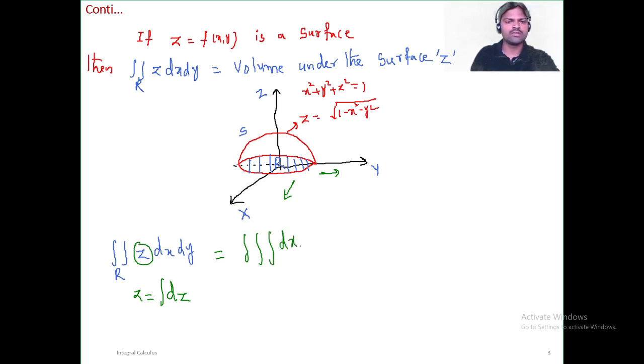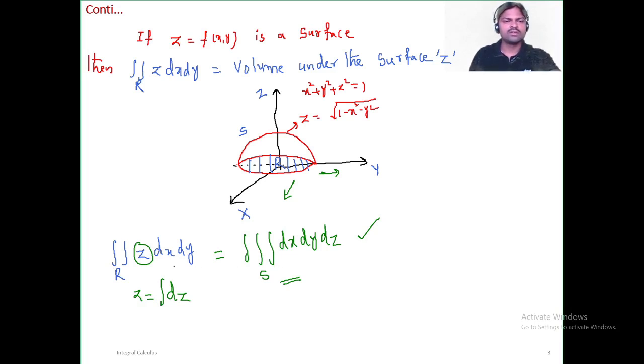Therefore one more integral comes, dx dy dz, but over the entire solid. Since this gives the value, the right hand side integral also gives the value. This is a general formula for evaluating the volume of a solid.